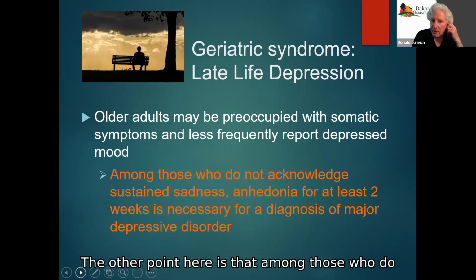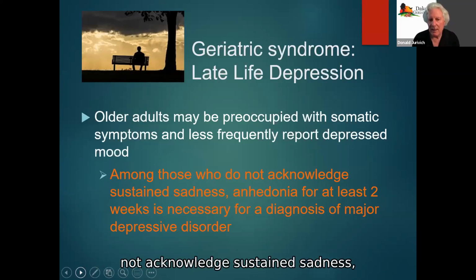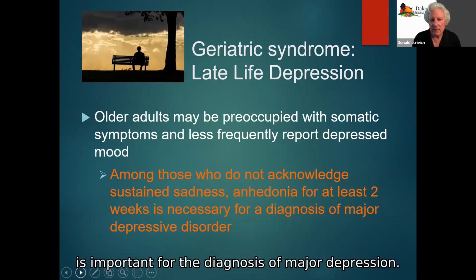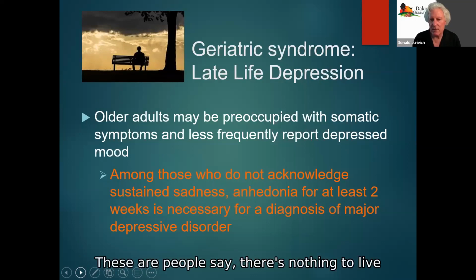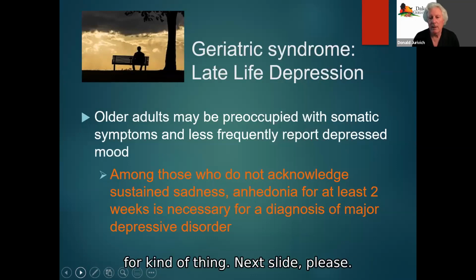And among those who do not acknowledge sustained sadness, this lack of pleasure in life, anhedonia, for at least 2 weeks is important for the diagnosis of major depressive disorder, right? These are the people saying there's nothing to live for. Okay, next slide, please.